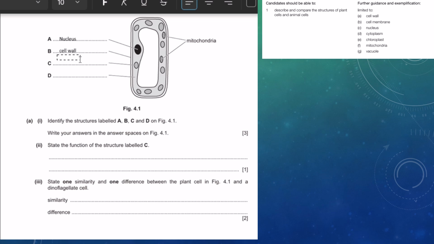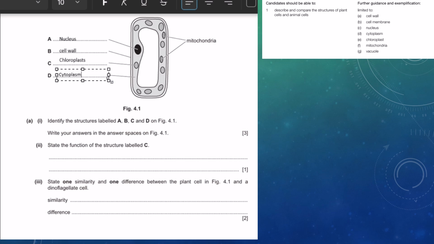Number C is an organelle. It is not the nucleus and it's not the mitochondria, so the only one left here could be the chloroplast. And finally, D, we have the liquid inside. That's the cytoplasm.